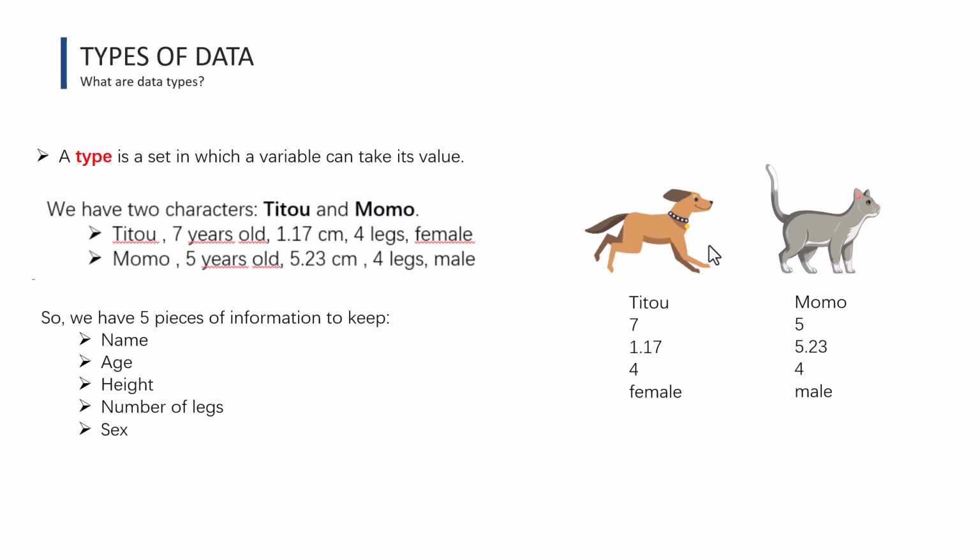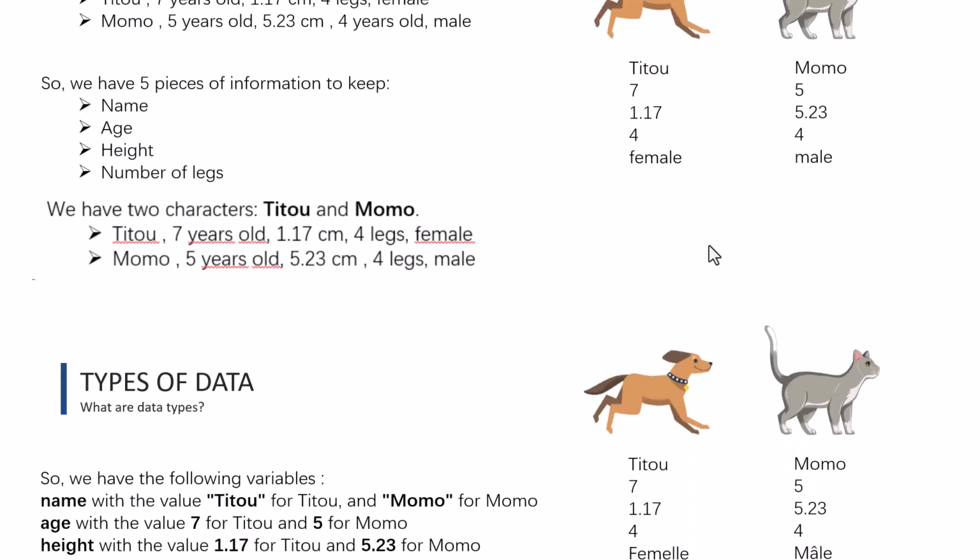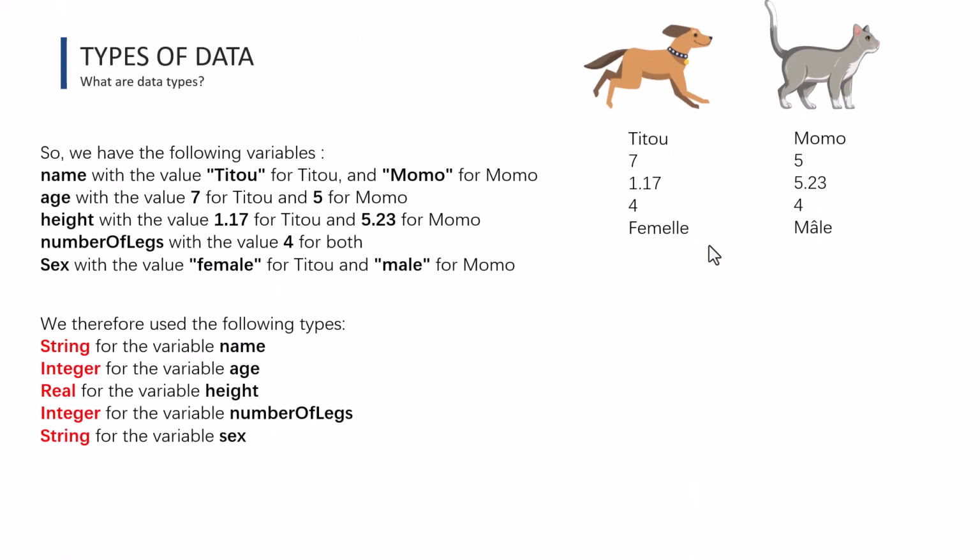Now, I suggest you put a pause on this video and take a paper to try to identify, for each of these variables and for each of our characters, the dedicated value that will be given. I expect that you have done this. Now you can compare your answer with the result. For the variable name, we have the value T2 for the first character and the value Momo for the second character.